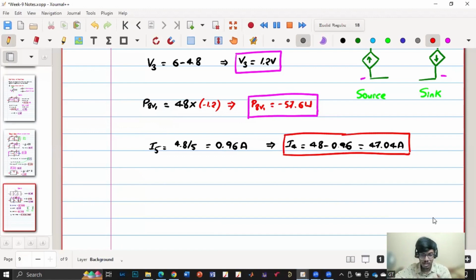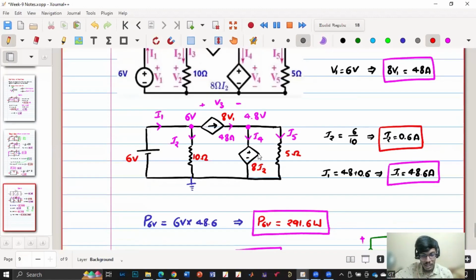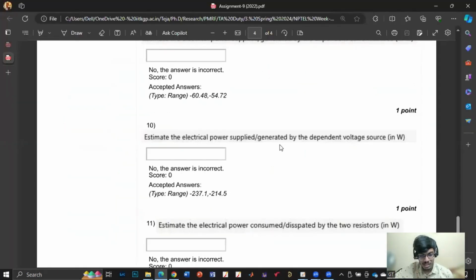Now you tell me whether it is acting like a source, I mean whether it is consuming power or it is delivering power. This source 8I2. Consuming power. So in the question they have asked how much it is supplying, so again it will be a negative sign.